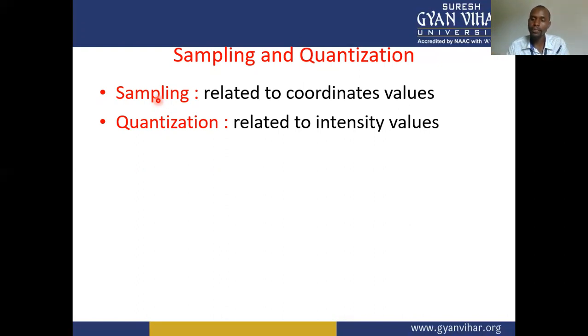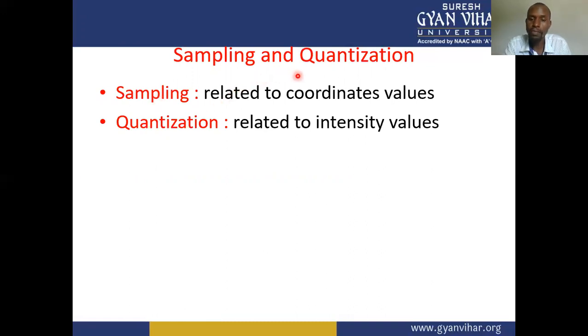And in that plane, the region within the x and y axis consists of coordinates. So any region in which we can mark or place any value, that value within the x and y axis will consist of two coordinates, that is the coordinate on the x-axis and the coordinate on the y-axis.